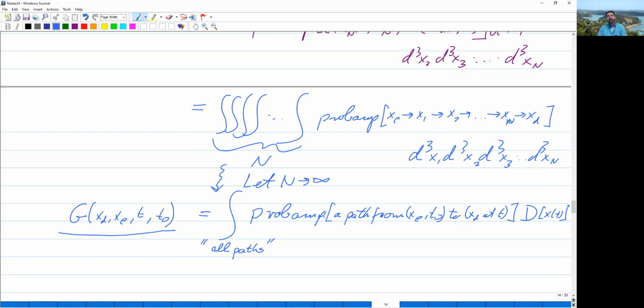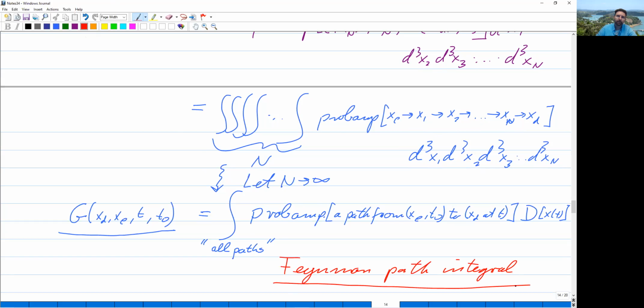So actually, to define this so-called Feynman path integral is analytically very hard. This is the Feynman path integral, right? And it's mathematically, analytically very hard to even define this properly, to take that limit in a way that makes sense.